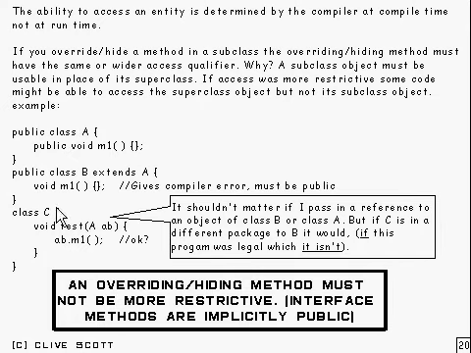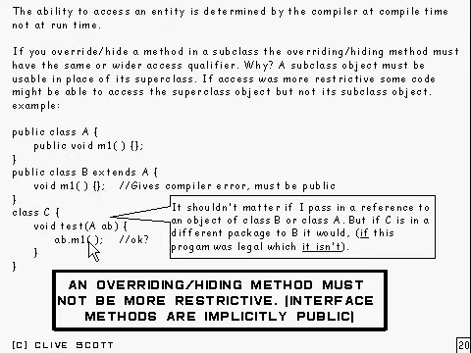So if C was in a different package, it should not be permitted access to that method M1. So this is where you get a problem, and that is why you're not allowed to narrow the access.